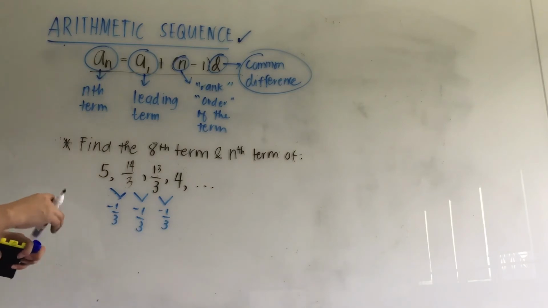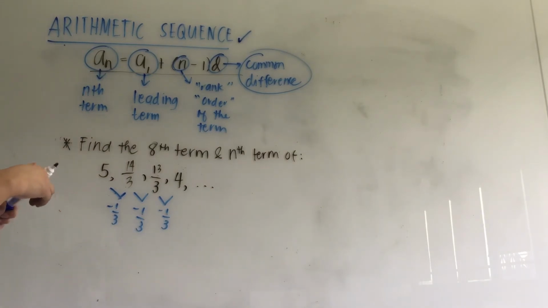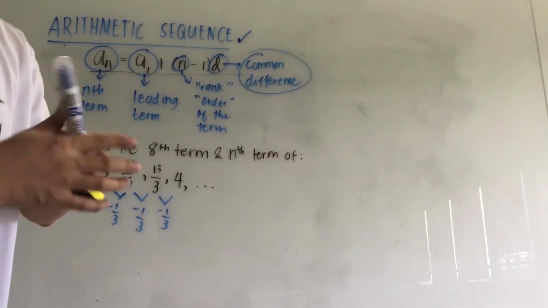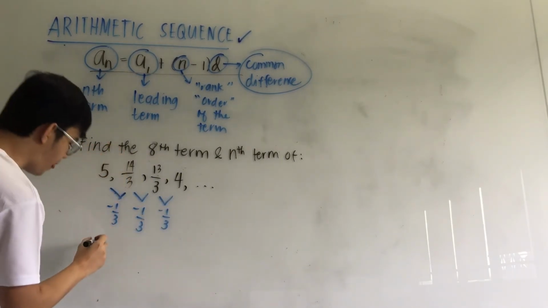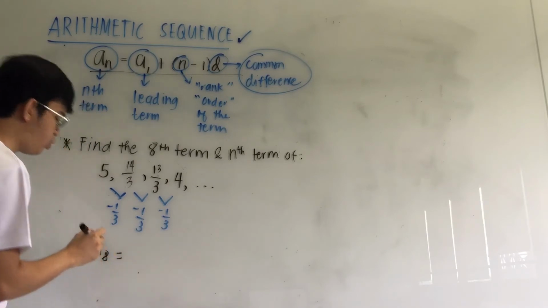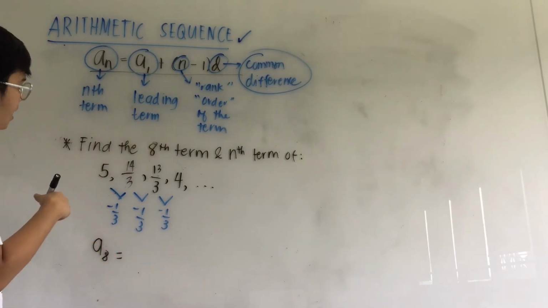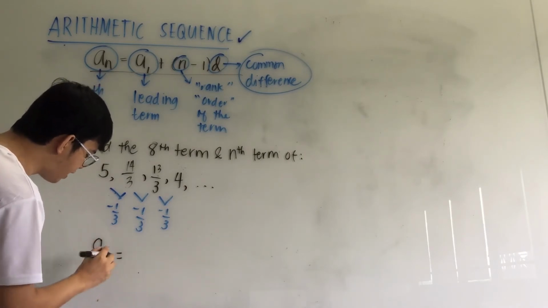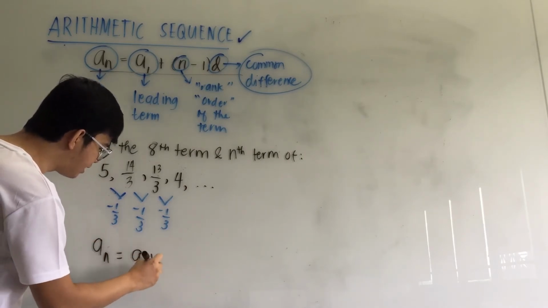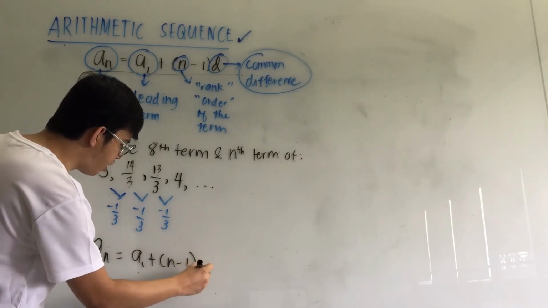Okay? Now, we just need to find the 8th term. So, this technically will be giving you a sub 8 is equal to what? Your a sub 1 here, sorry, let's just write again the formula so that you will not forget.